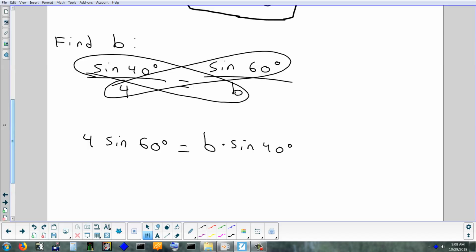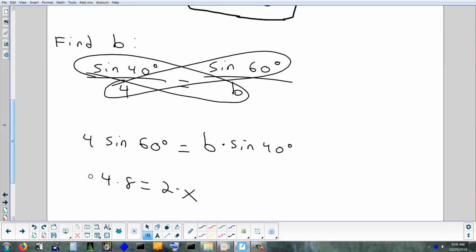What do I have to move to the other side? And how would I move it? Divide by sine of 40 on both sides. This is just like having 4 times 8 equals 2 times x. If you want to get rid of the number that's being multiplied by the thing you don't know, divide by the number that's right next to it.